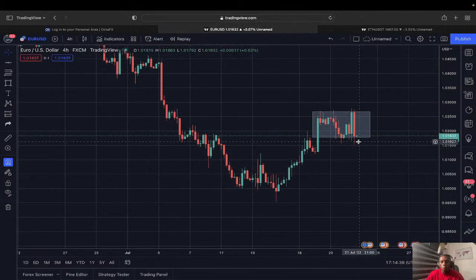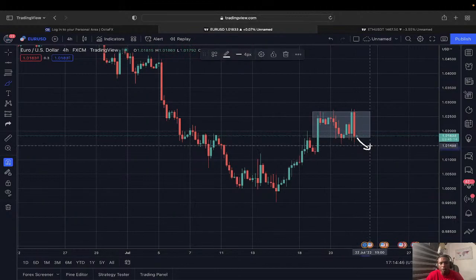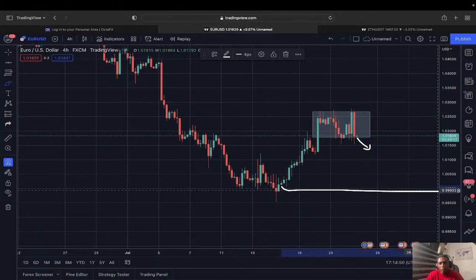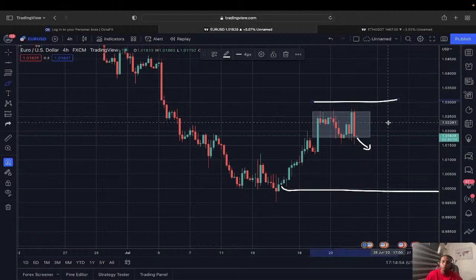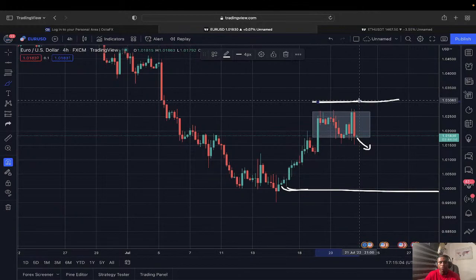So now, once price breaks out of this level, then you want to short the market, take your profit here, and set your stop loss here. Once price breaks out of this level, you want to sell, take profit here, set stop loss here.